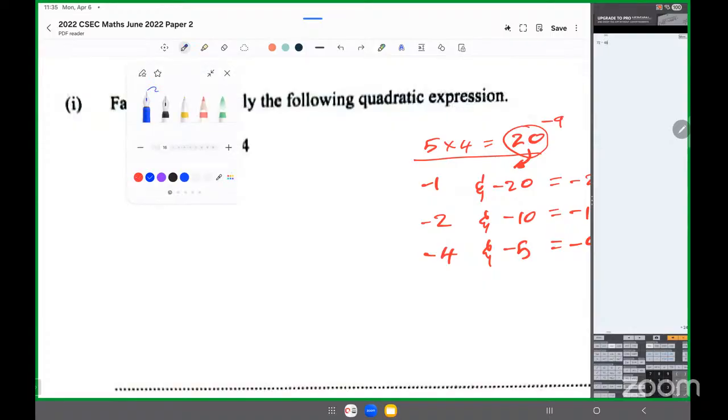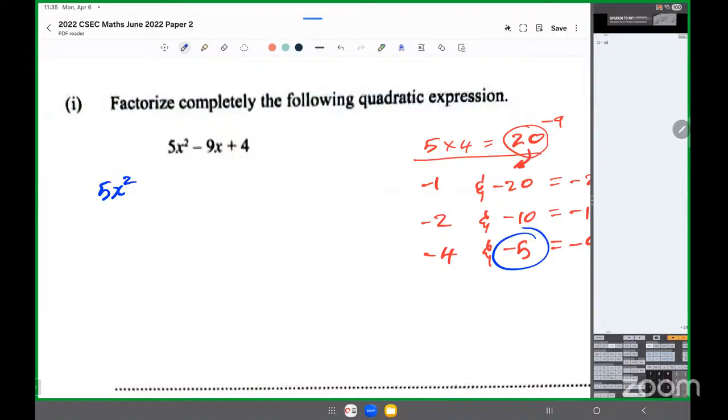So this comes back unchanged. It's 5x squared. I'm going to put the minus 5x now. Splitting this into minus 5x and minus 4x. Plus back this for the end.